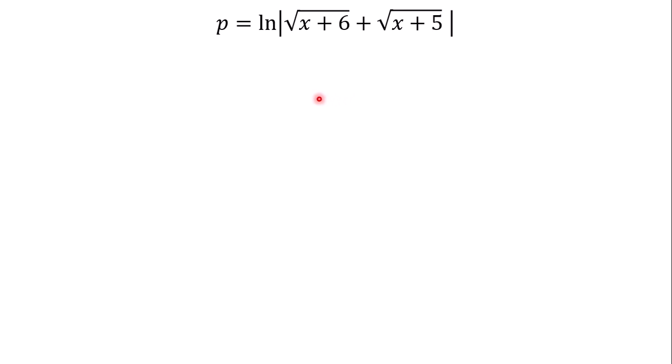You're going to let t be equal to what is inside the absolute value, that is square root of x plus 6 plus square root of x plus 5. Now t is equal to this one.